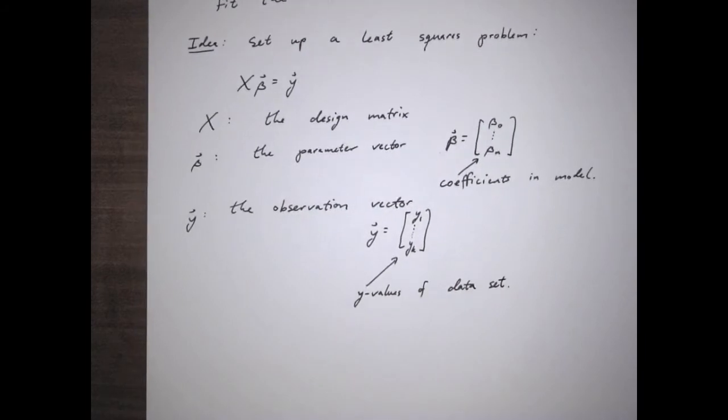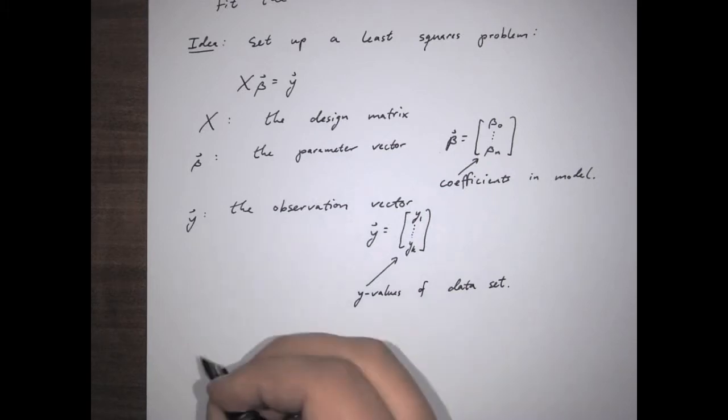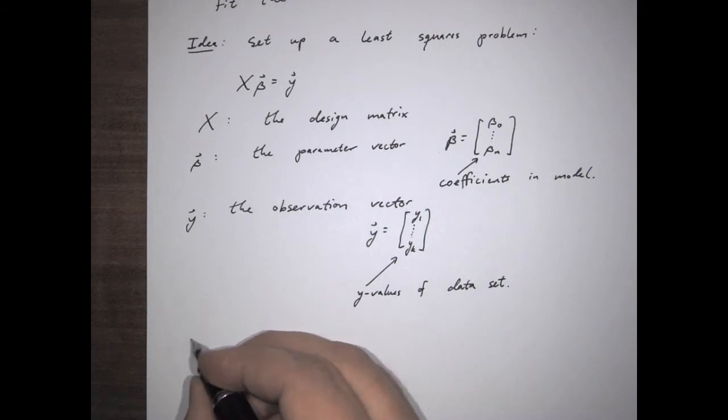Now, every once in a while, letters will be different. We may not use y necessarily to represent the output. In statistics terms, this would be what's called the response variable, whereas the x will correspond to what's called the explanatory variable.